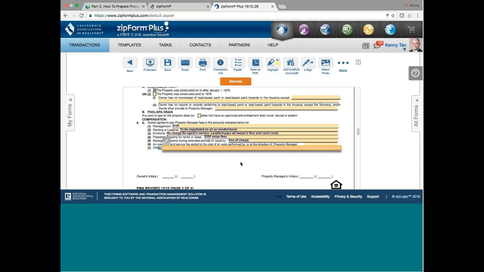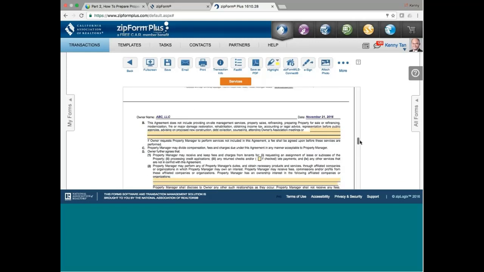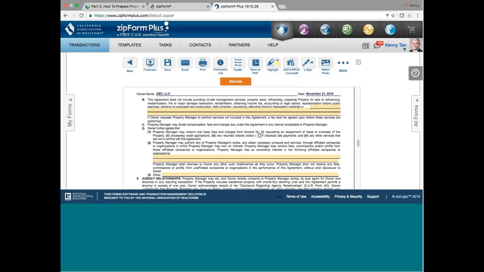Overhead and service fee added to the cost of all work performed by or at the direction of property manager. We usually put none, but that can be negotiated too. And certainly we don't provide any tax or accounting services.